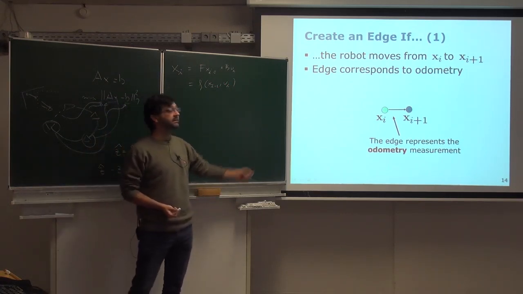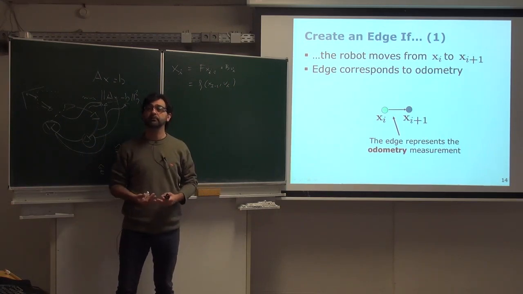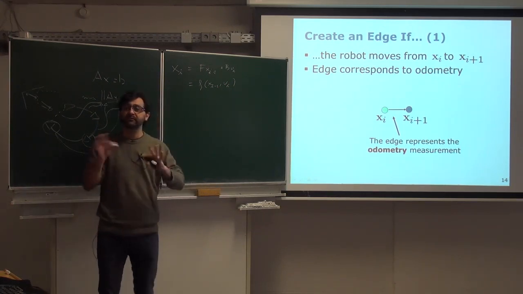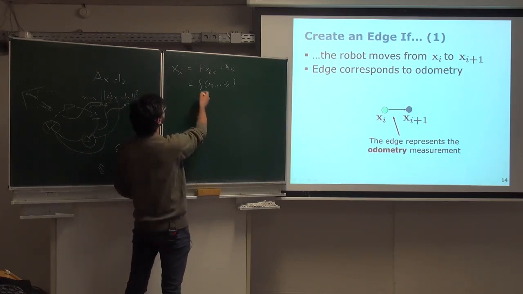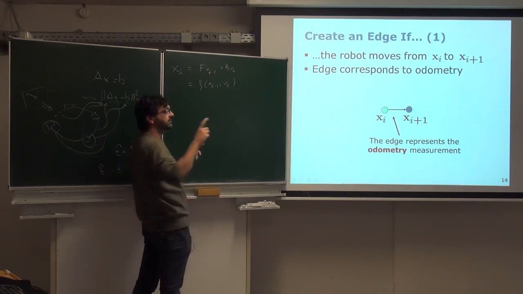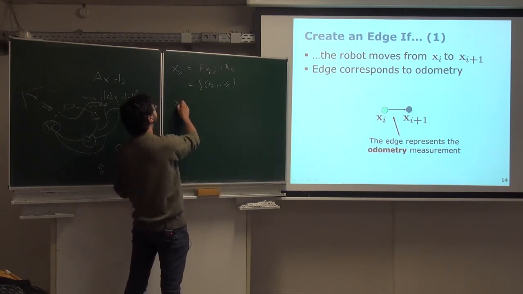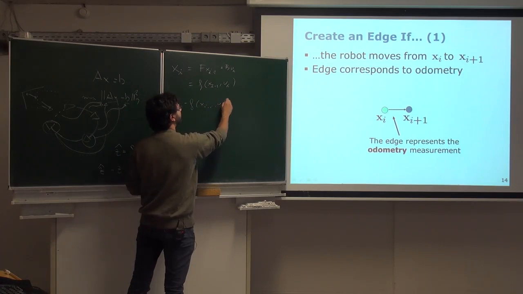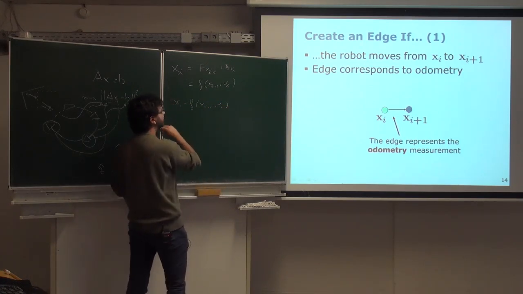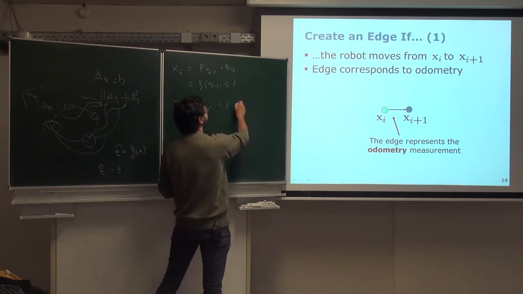The way we write it for a least squares problem can be different. One is, for instance, to say that my measurement function will be something like x_i minus f(x_{i-1}, u_i), and then this is equal to 0.